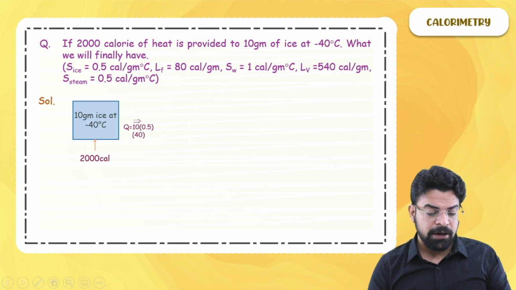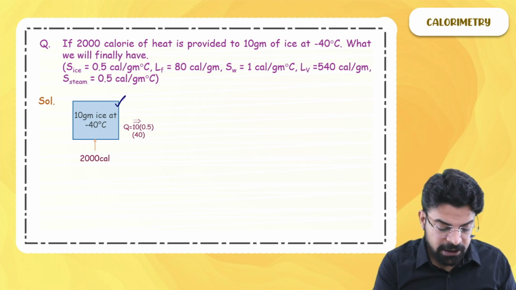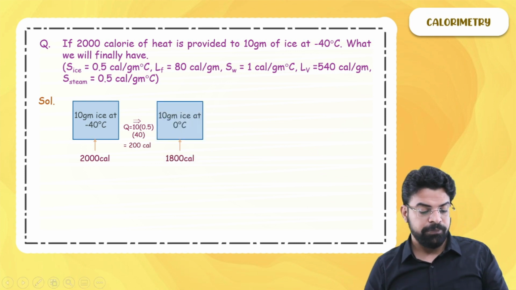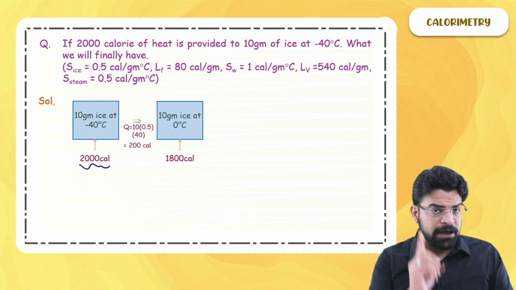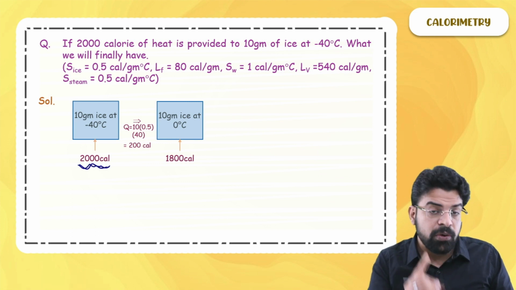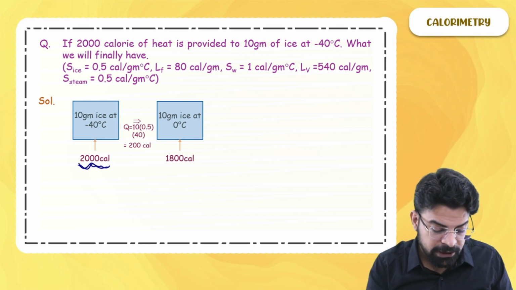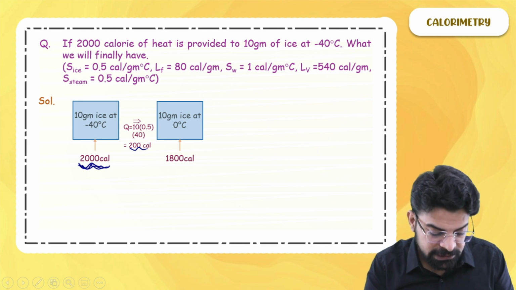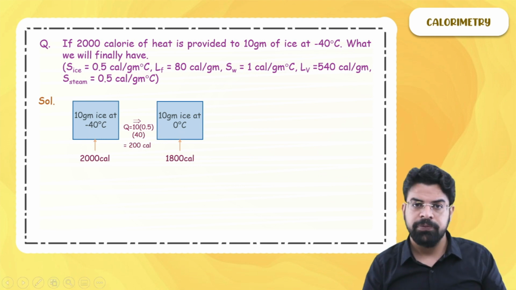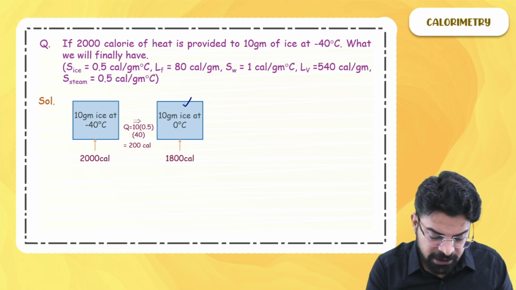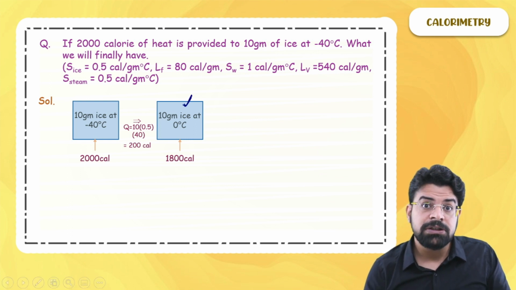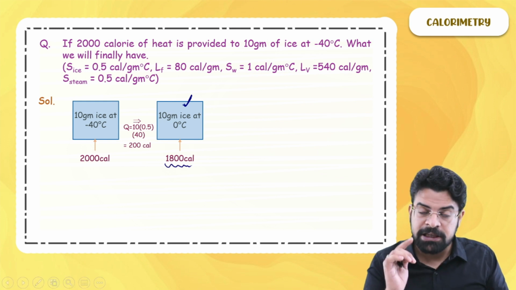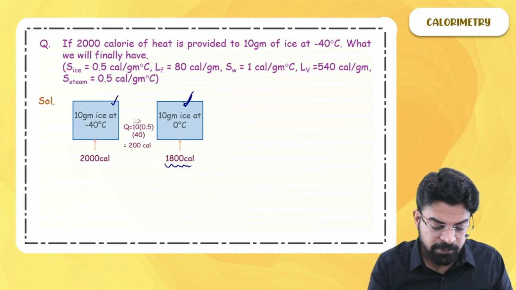So the first 200 calorie out of the 2000 calorie you are going to provide will be utilized in increasing the temperature from -40 to 0. Now you will have 10 gram of ice at 0, to which you still have to provide 1800 calorie of energy.